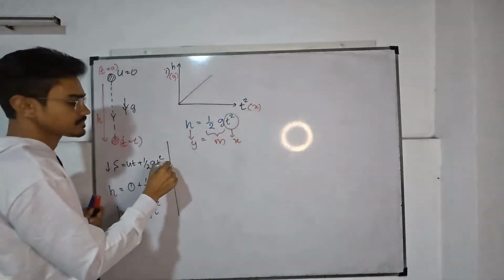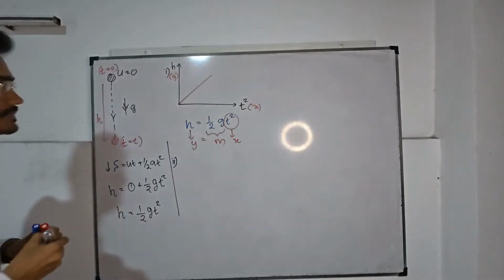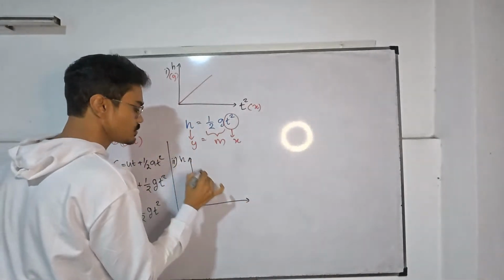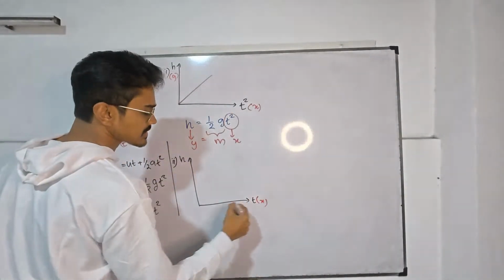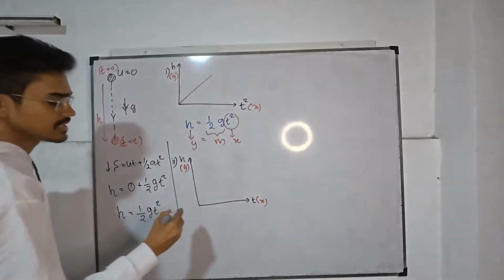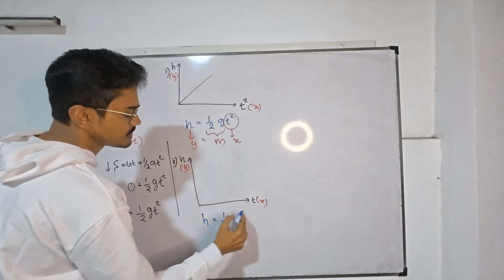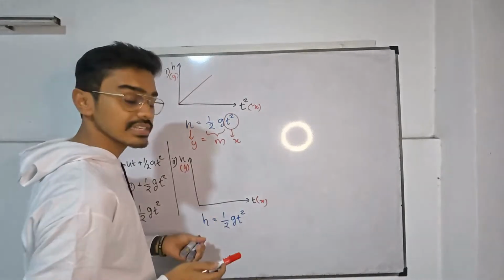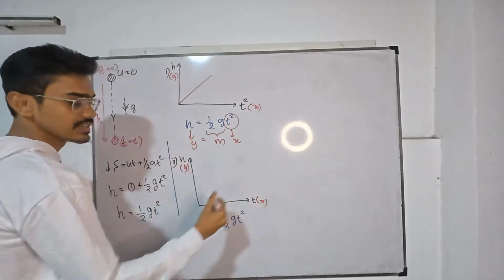Second one, h with t. In this one, t is x and h is y. Again we get the same equation, h equals half gt squared. All the required terms are already created, so this is just a step away from identifying the variables.